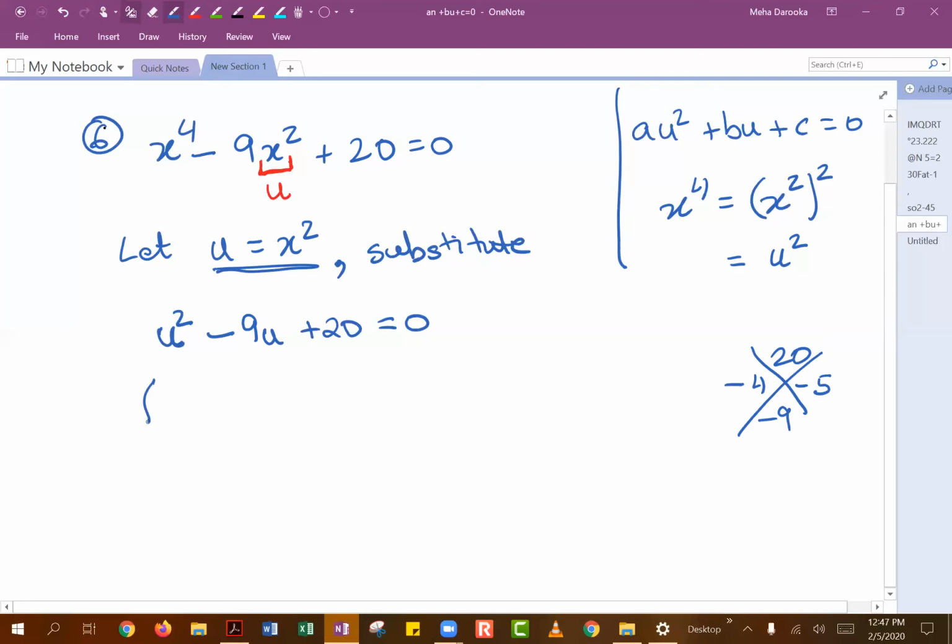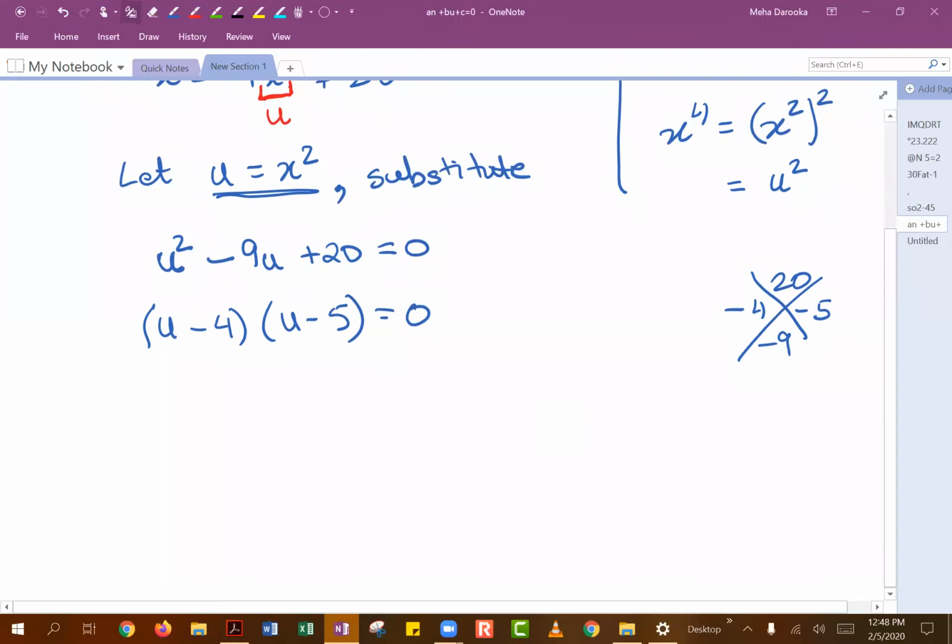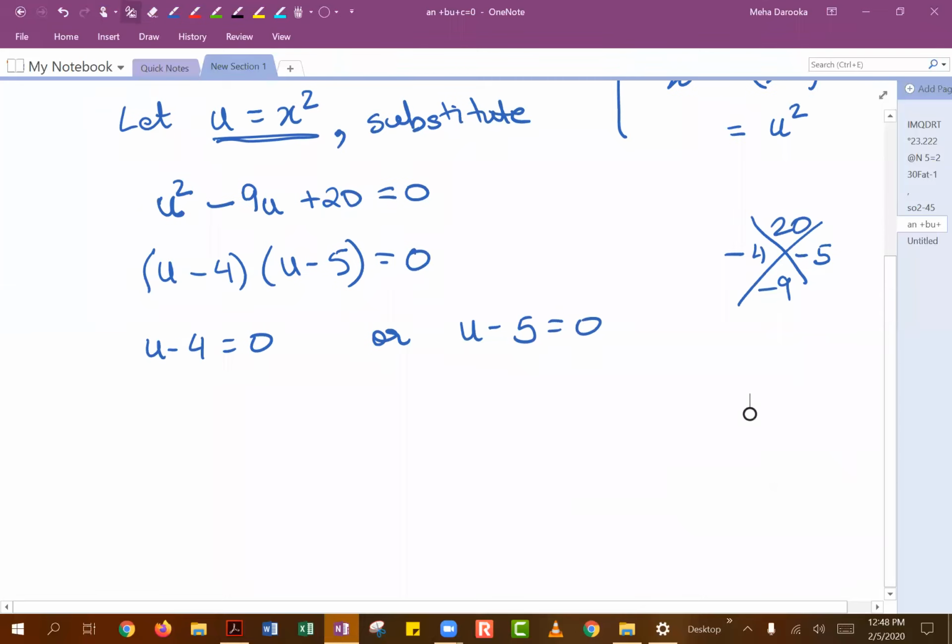That will be u minus 4 and u minus 5 as our factors. When we get into factored form, remember you use your zero factor property to separate them. So that would be u minus 4 equals 0 or u minus 5 equals 0. Move the 4 and 5 to the other side, and we end up getting u equals 4.